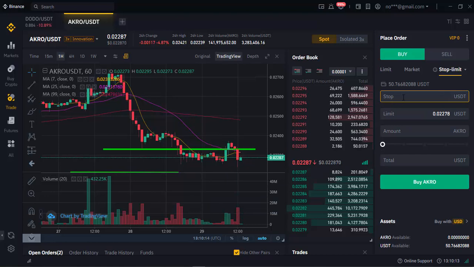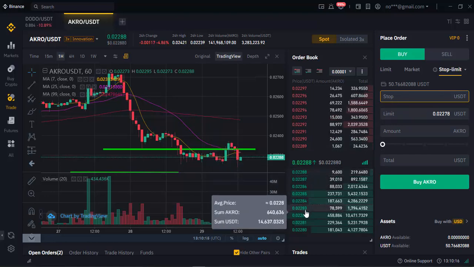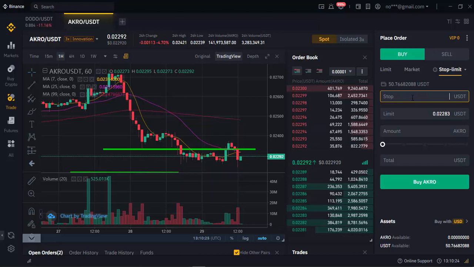Therefore, from here, we are going to use a price. You just click on any price here and it gets filled into the box. What we are going to do is copy this and paste it here.